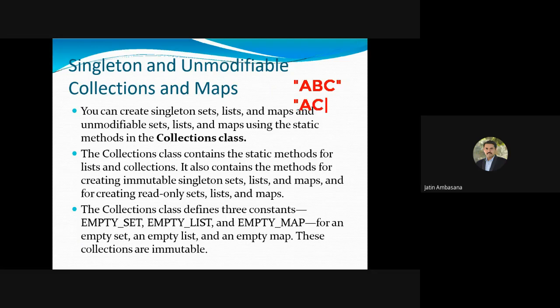If you say you want to add A, B, C, D to it, what happens is a new string is created. This string actually remains as it is. A new string is created and allocated to the reference variable, but the old string remains as it is in the memory. So it is called immutable. Understand?